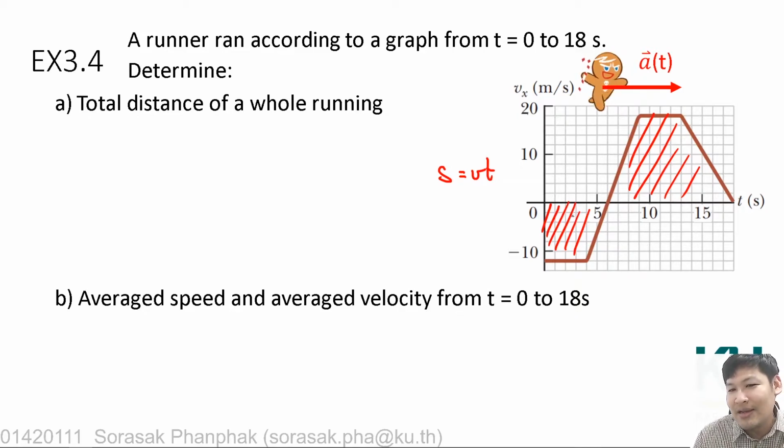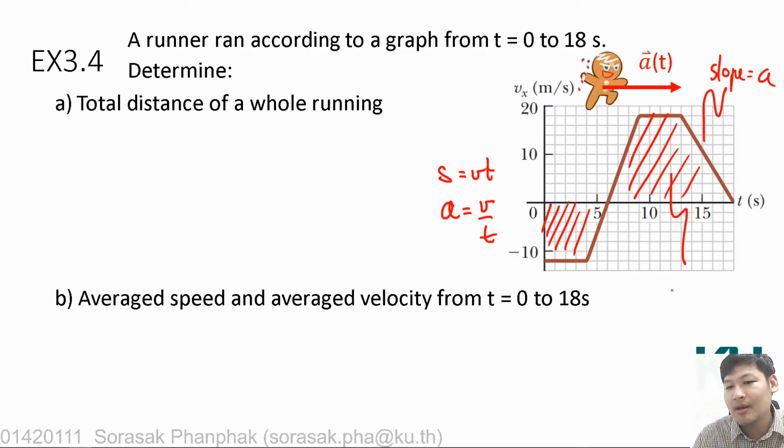If you know the area underneath the graph, you can find the displacement. How about the acceleration? Acceleration is v over t. This means if you find the slope of this graph, the slope is your acceleration.